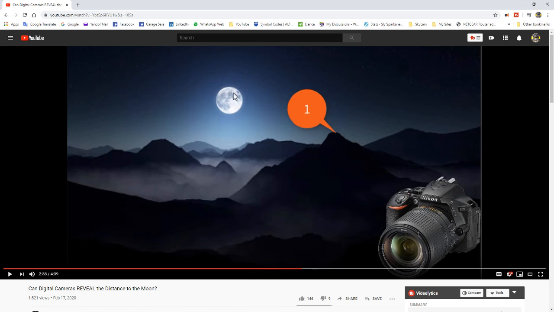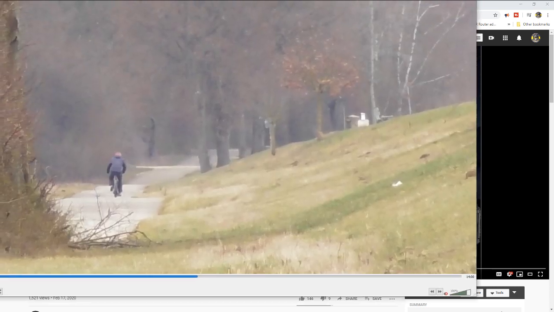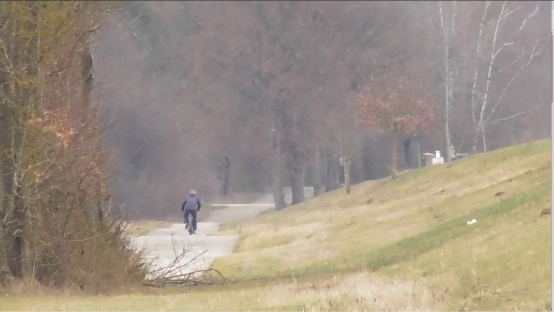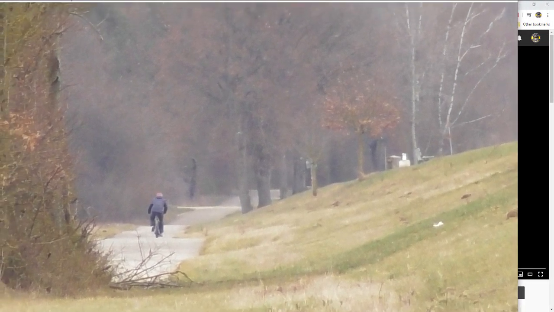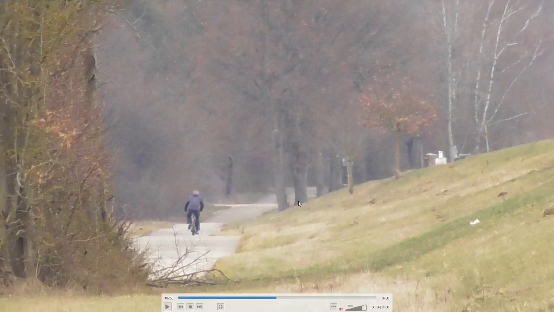Now I can even use my own example here. This was me filming out at Boog for the experiment that I'm doing with the bending water. Now these tree branches right here are almost exactly 500 meters away from the camera. This wasn't with the P1000.